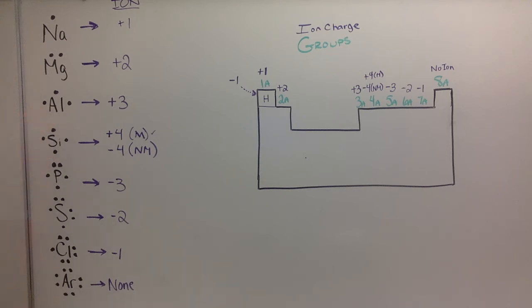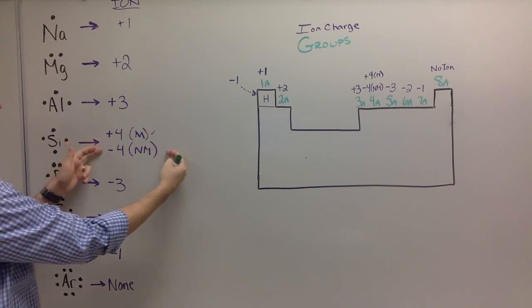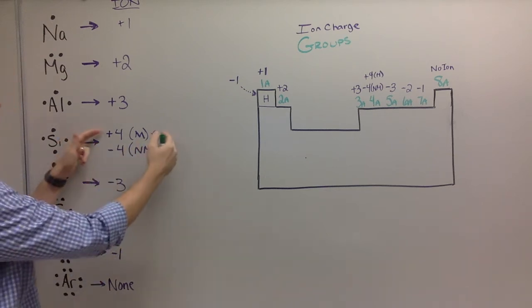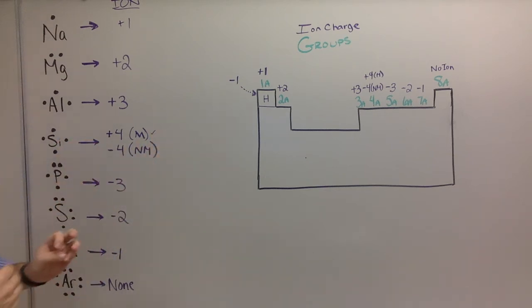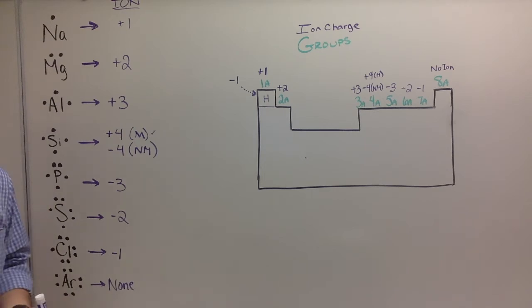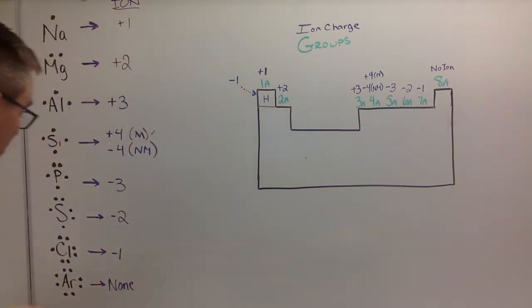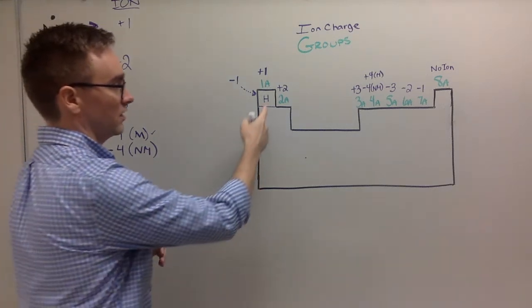Number 1, in group 4A, if it's a metal, it's a cation. If it's a non-metal, it's an anion, which means a positive ion versus a negative ion. Number 2, group 8A already has a full outer energy level, so it does not form an ion. An ion is an atom that gains or loses electrons. It does not need to, so it does not form an ion. And then, of course, hydrogen is a unique one.